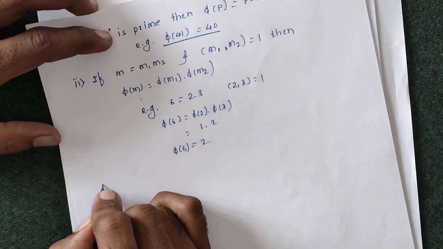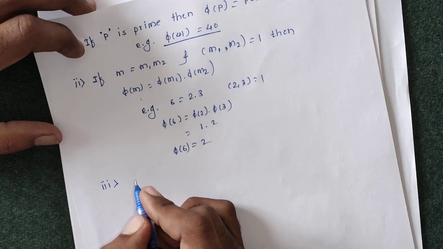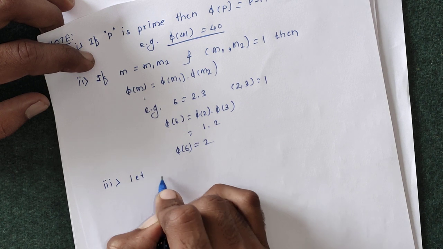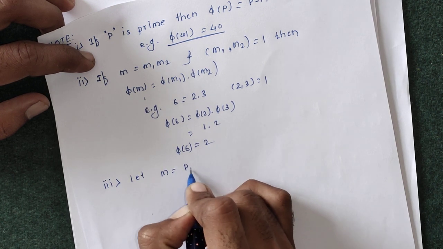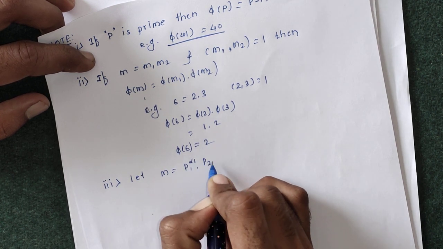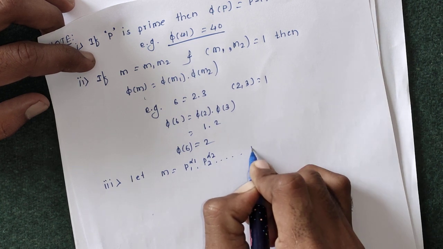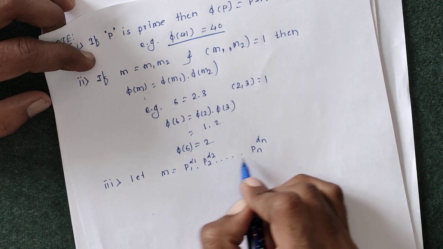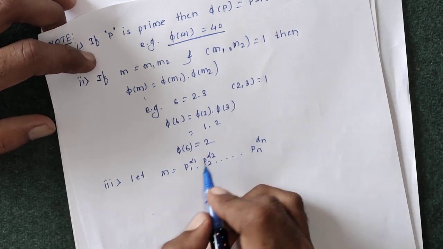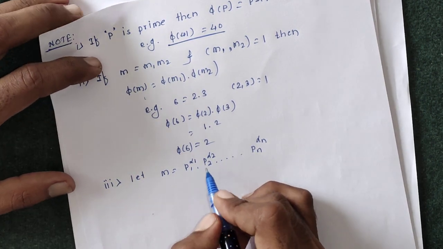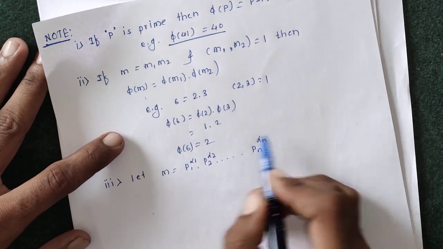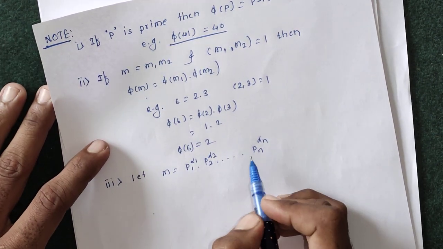Now the third note is, let m is equal to p1 raised to alpha 1 into p2 raised to alpha 2 up to pn raised to alpha n. That is, if we write m in canonical form, canonical form means primes raised to some powers, that is, if we write m as a multiplication of primes, a product of primes.